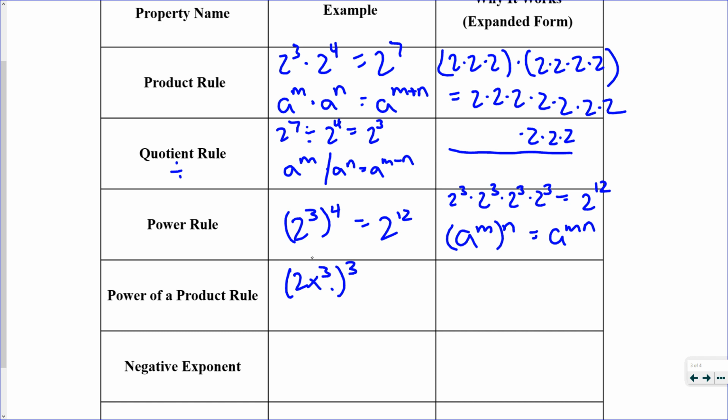Sure enough, they do. But just to be safe, let's write it out like we did up here, and we get 2x to the third times 2x to the third times 2x to the third. Sure enough, we do get the 3, 6, 9. We do get x to the 9. But what we also get is this 2, 2, and 2, we get this 2 to the third power as well.